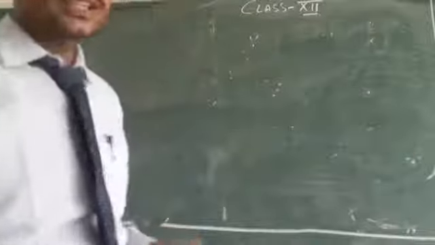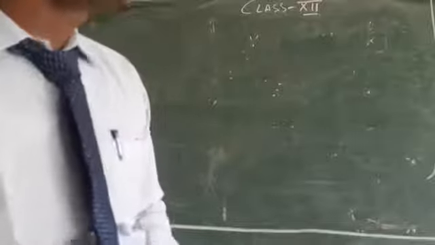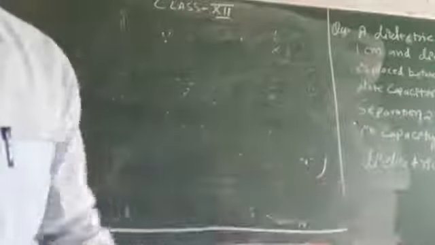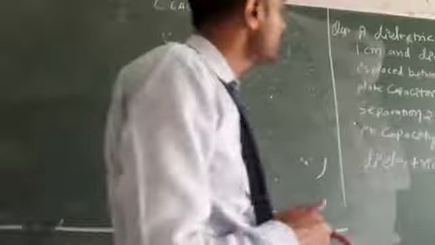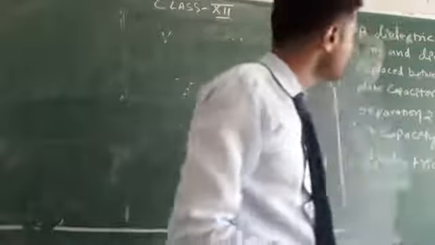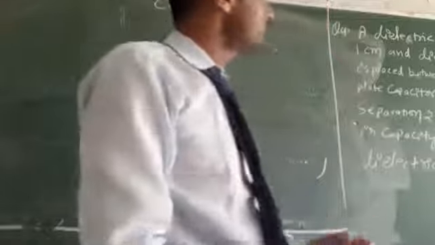The question is: a dielectric slab of thickness 1 centimeter and dielectric constant 5 is placed between the plates of a parallel plate capacitor of plate area 0.01 meter square and separation 2 centimeter.